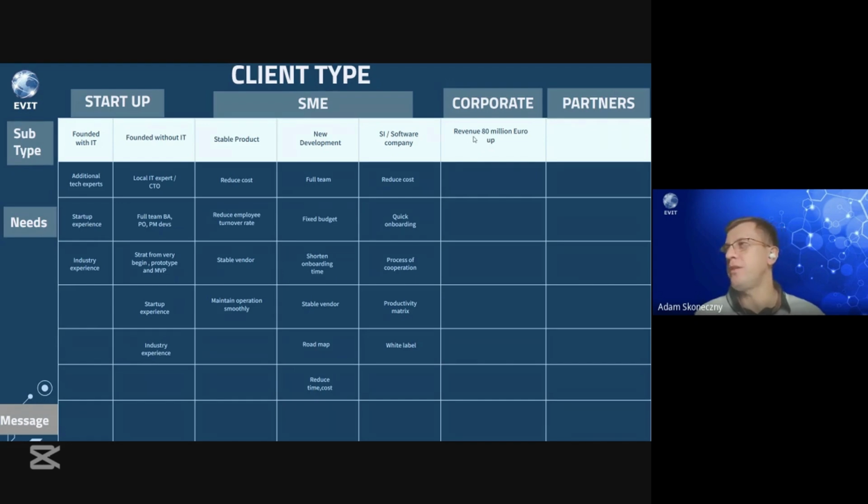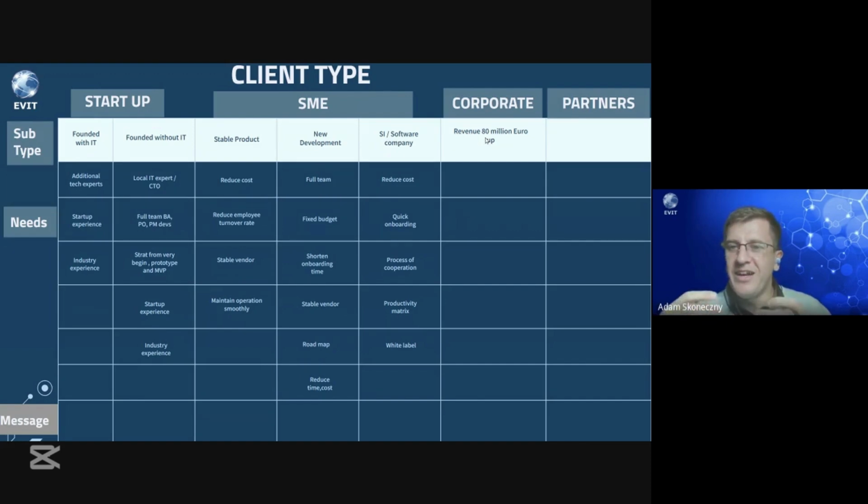Corporate. Guys, here, for example, I give revenue 80 million euro and up. 80 million is kind of minimum. You know, you need to understand that because there is so much problem with the labor in Western countries, the businesses in the Europe and US, they do everything what they can to optimize resources as much as possible.